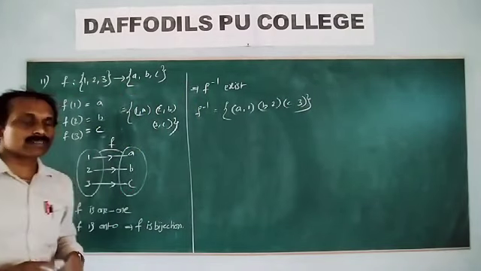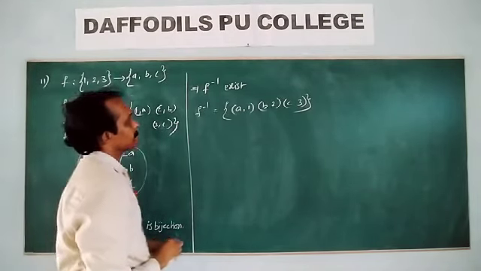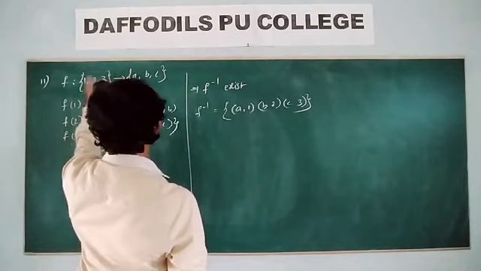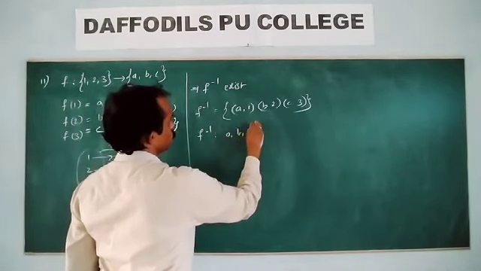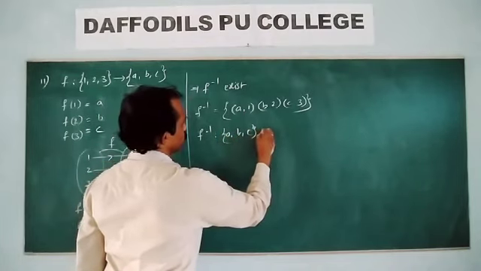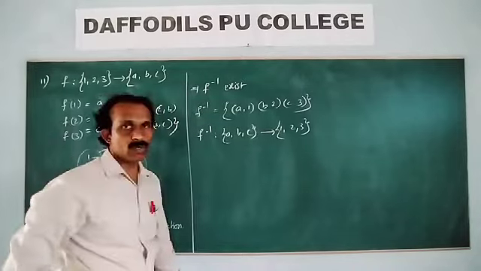This is the f inverse. Clear? This means f inverse maps a, b, c to 1, 2, 3.